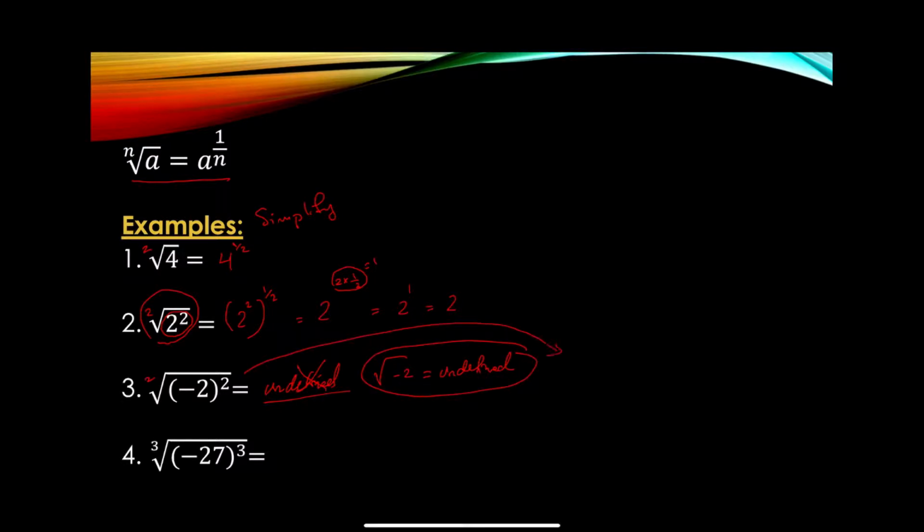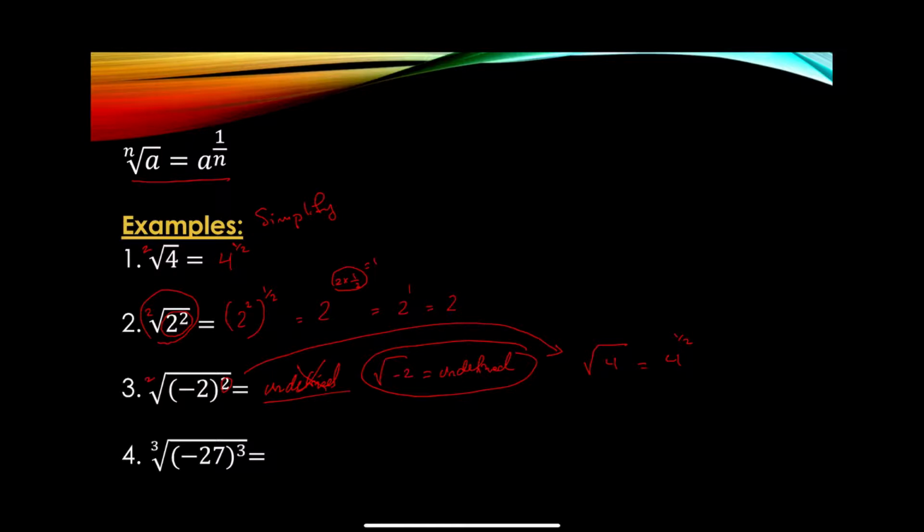But let's simplify it. This is actually the same as (-2) to the power 2. Anything, this is true, that is a negative number to an even number, the answer should be positive, sorry. So we know that (-2) to the power 2, -2 times -2, the answer is 4. So this is 4 to the power 1/2, which is equal to 2.